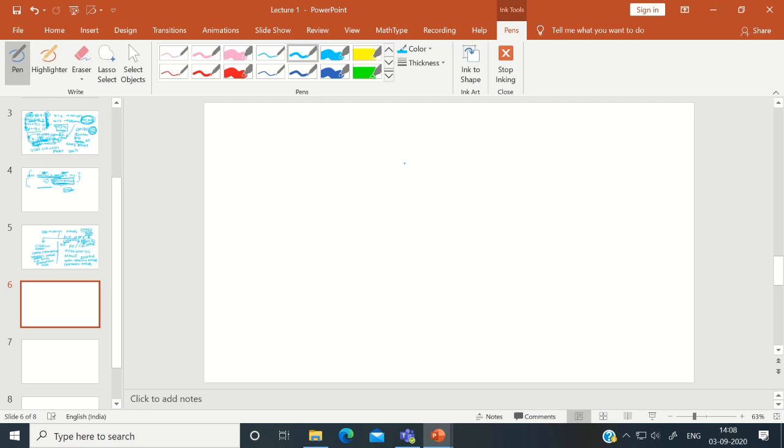I will start from the basic mathematics of optimization, right? Suppose I have this graph, x, and here it is f of x. f of x is equal to y, function of x, this is equal to y.